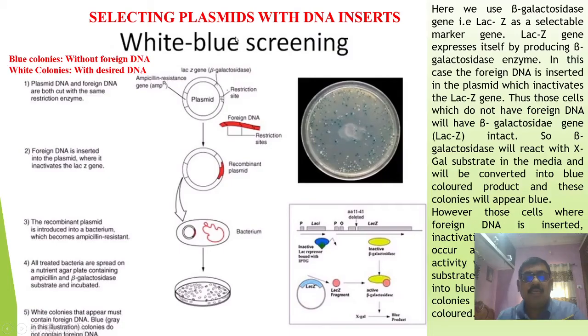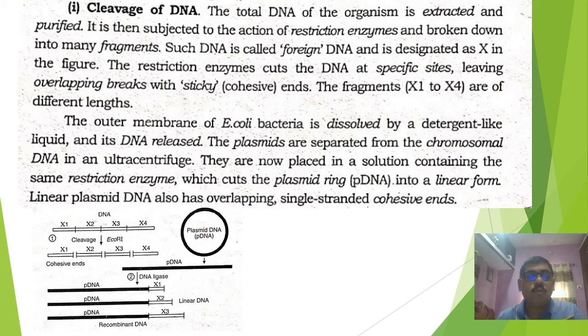Next, the outer membrane of E. coli bacteria is dissolved by a detergent-like liquid, and DNA is released. The plasmids are separated from the chromosomal DNA in an ultracentrifuge. This plasmid DNA is separated from the chromosomal DNA of the bacteria, and the plasmid ring is cut by the action of a restriction endonuclease to form the linear form.